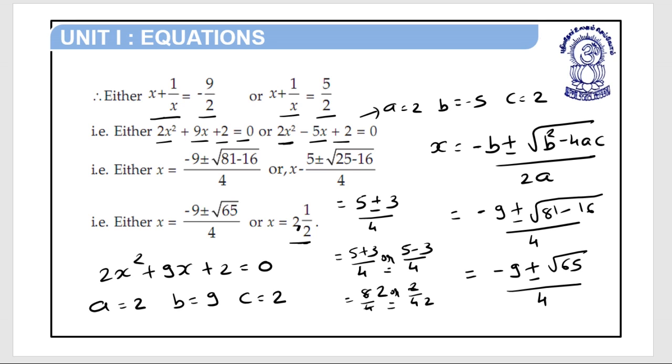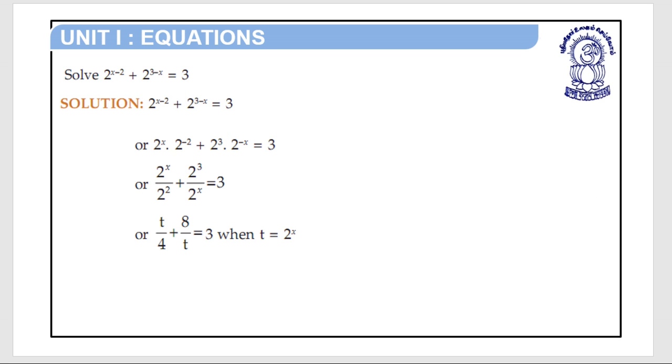Now move to the next example. 2 raised to x minus 2 plus 2 raised to 3 minus x is equal to 3. Here we can write 2 raised to x times 2 raised to minus 2 plus 2 raised to 3 times 2 raised to minus x is equal to 3.